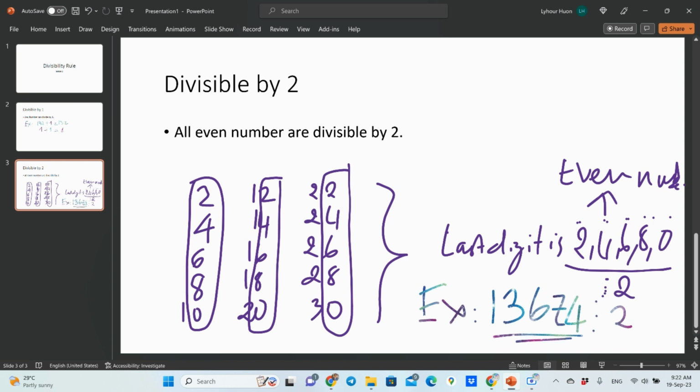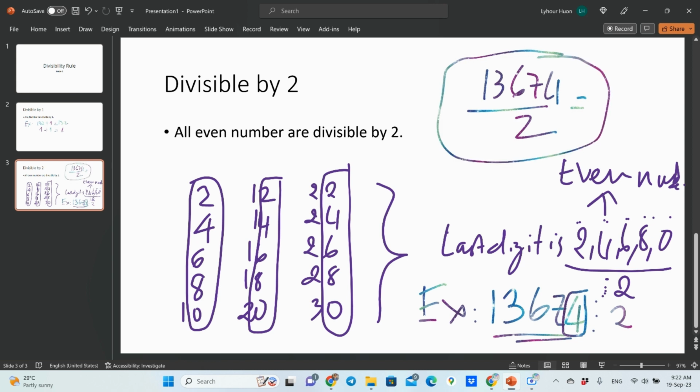Yes, because it ends with 4, which is an even number. So all even numbers are divisible by 2. Next time when we go to fractions, if we have this kind of number, we know it will be a whole number, not a fraction anymore, because it can be divided.